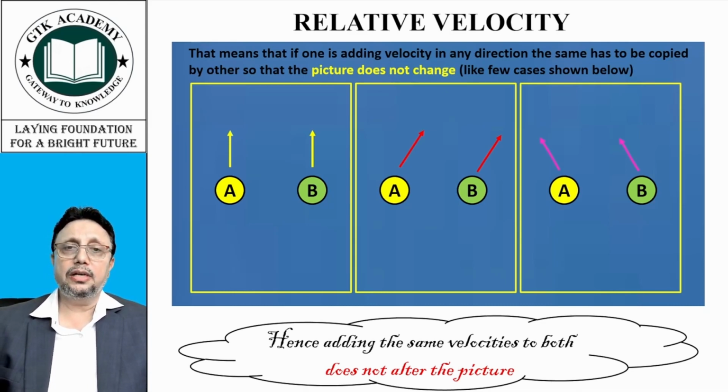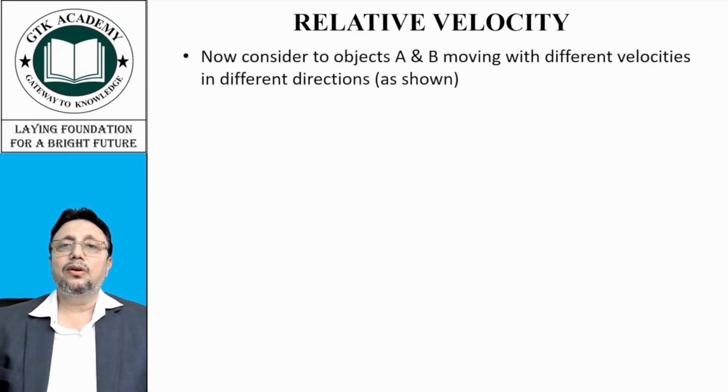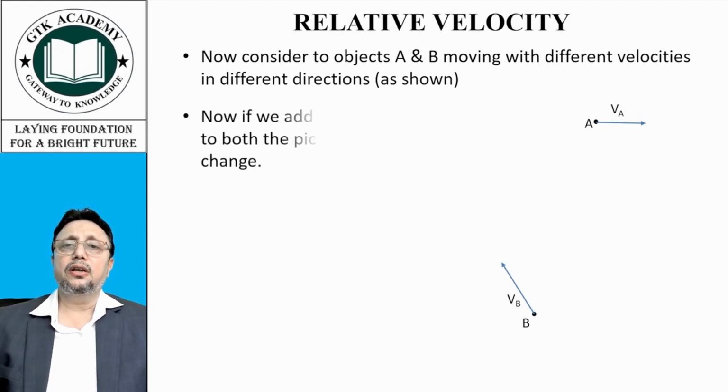Okay, I think you understood this. Now consider two objects A and B moving with different velocities in different directions, like A is moving with velocity VA and B is moving with velocity VB. Now what we have said: if we give a velocity to one in one direction, the same has to be copied to the other, so that the picture does not change. So what we'll do, we will add minus VB to both, which we can do, so that the picture does not change.